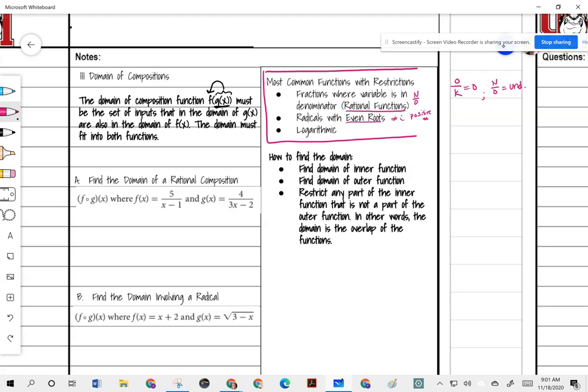Okay, so just a reminder that you're going to set the radicand to greater than or equal to 0 to ensure positive numbers. Okay. Now, you also have to pay double attention to, sometimes it's okay to be 0, sometimes it's not. It depends on if it is also in the denominator or not. And then we have logarithmic, which we haven't gotten to yet, so we will discuss that when we get there.